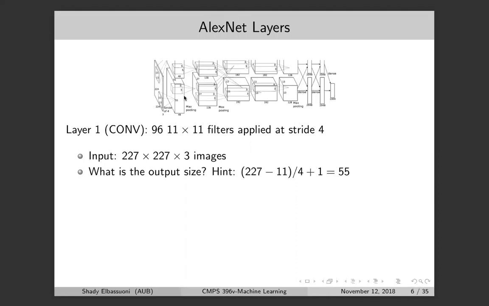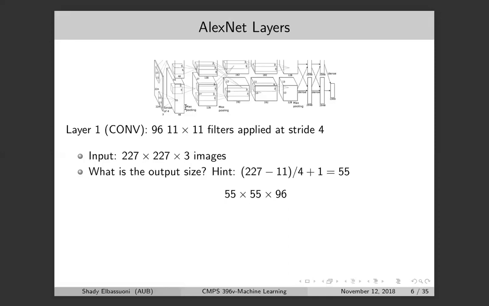What is the output size? Anybody can tell me from last lecture? Do you remember? We have 227 minus 11 over 4 plus 1. That gives you the width and the height. So it's 55 by 55 by, what is that depth? 96, exactly, because I have 96 filters applied.